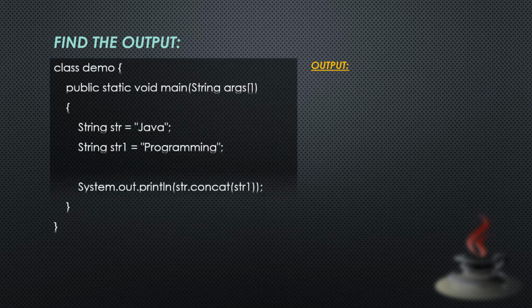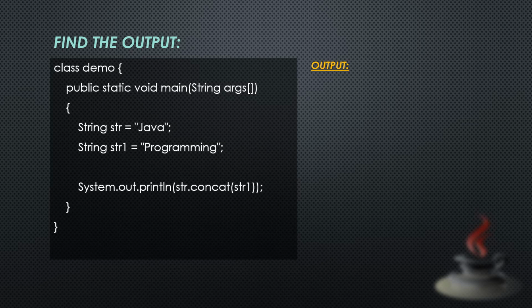So let's go to my next question, that is class demo, public static void main, string args, and the string str is Java, okay, and string str1 is programming. Here I am using System.out.println str.concat(str1).